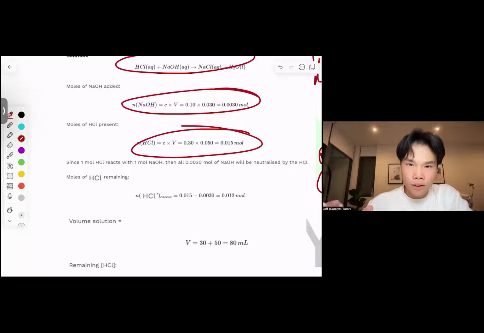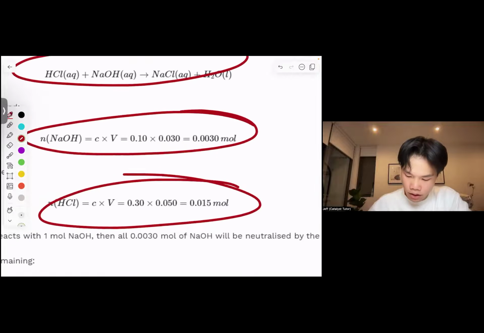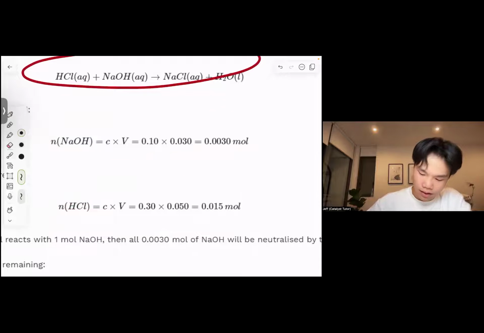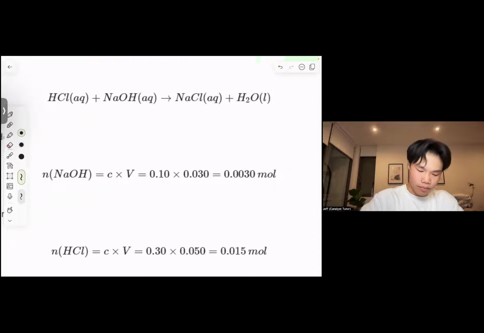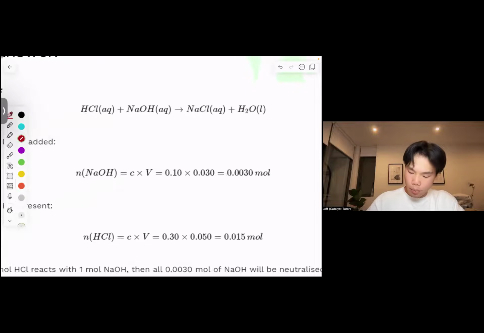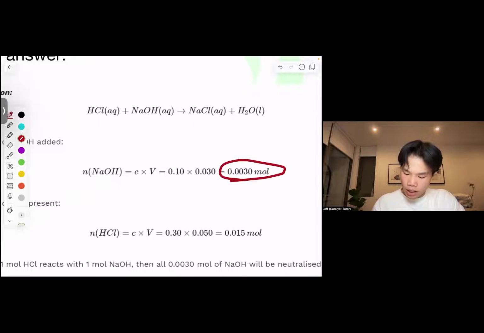Which of these is limiting? NaOH or HCl? Look at it carefully. What's limiting? NaOH. NaOH is limiting because there is not enough NaOH to react all the HCl.